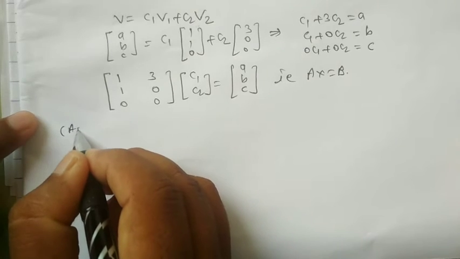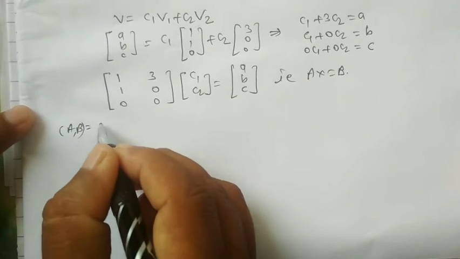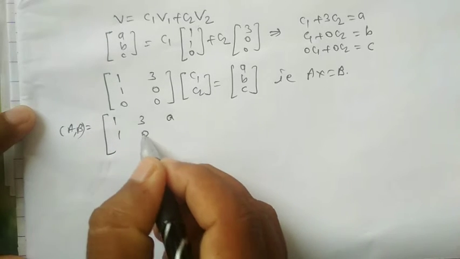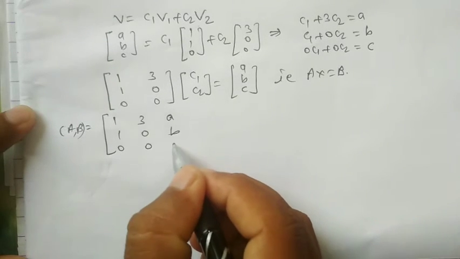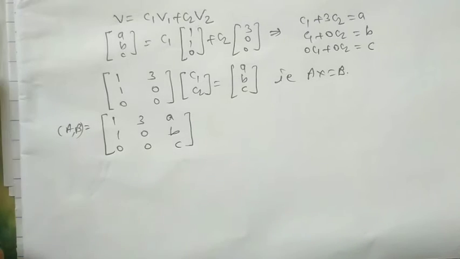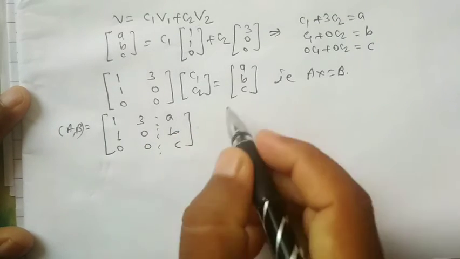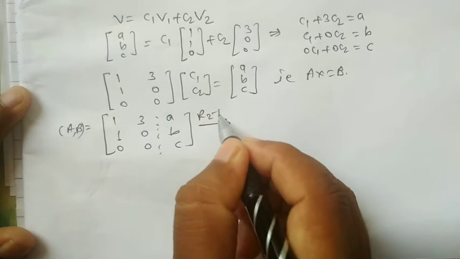Consider the augmented matrix A comma B. It is 1 3 A, 1 0 B, 0 0 C. Now make this element 0. Use the transformation R2 minus R1.